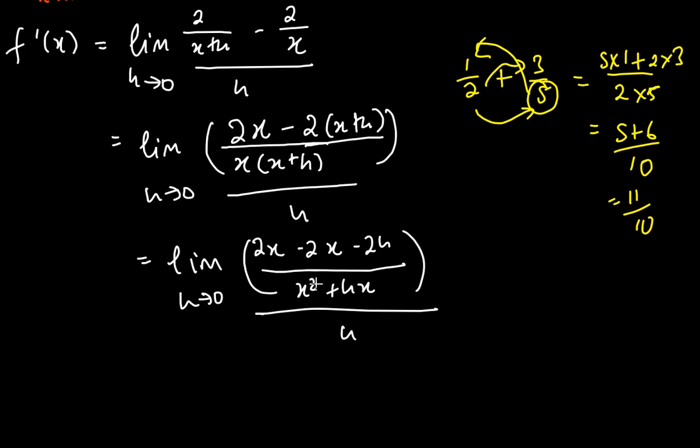Now that we have a situation like that, what is going to happen? The 2x is going to cancel the negative 2x. So now you would be left with the limit of negative 2h divided by x squared plus hx. Then now you see this division sign.